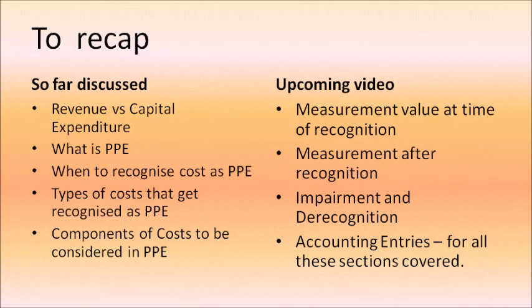Then we saw the types of costs that get recognized as property, plant and equipment, that is the initial costs and subsequent costs, what the types of subsequent costs are and how they need to be recognized. Finally, we saw the components of the costs to be considered. I have asked a short question on how the accounting treatment should be in the test your knowledge section.